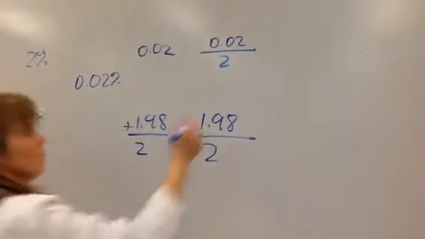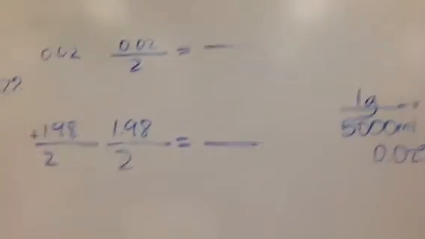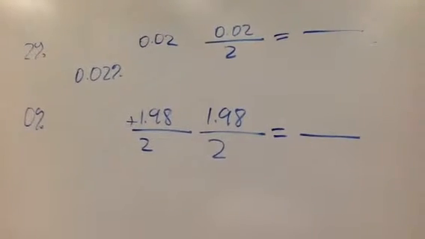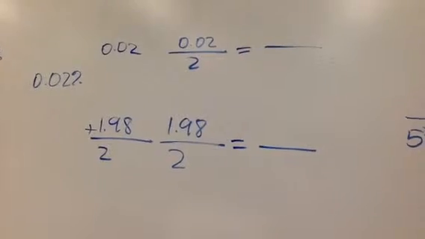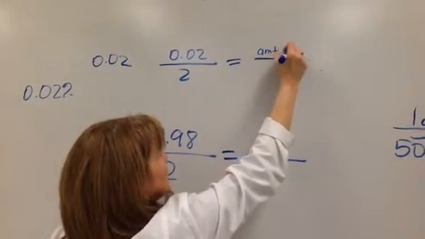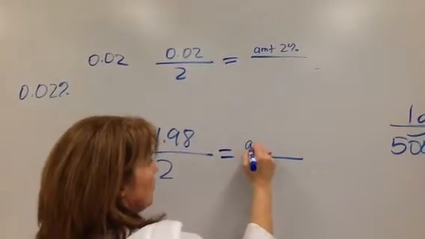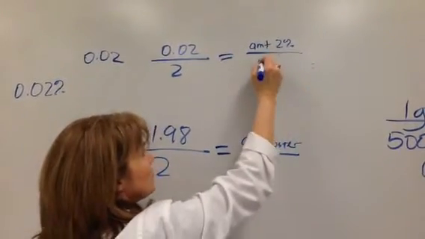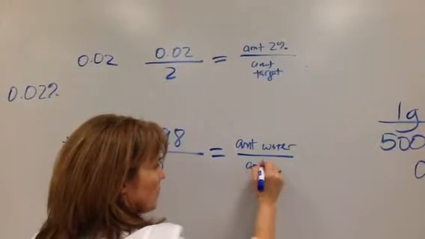Now that we've got the proportions, we can calculate our totals. On the top of each one of those is supposed to be the stocks. This will be the amount of the 2% divided by 2. This will be the amount of the water. This will be the amount of the target.